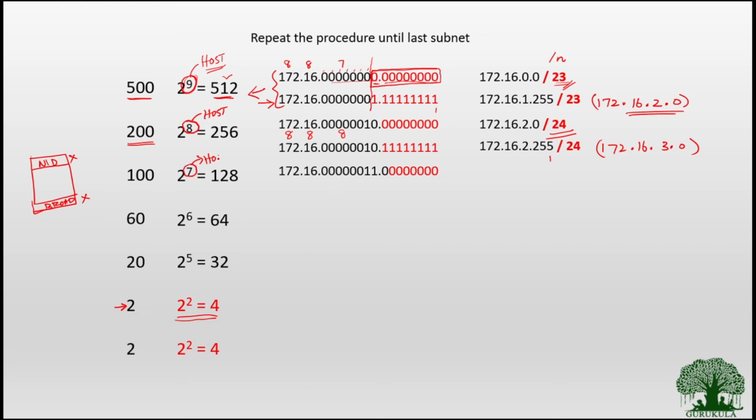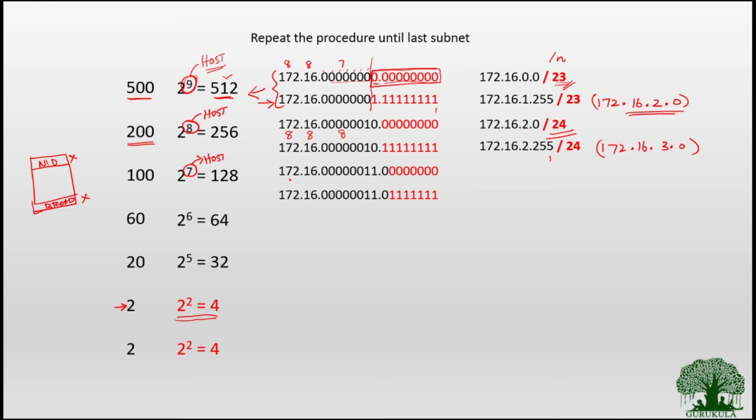And then how many bits do I require now? I need only 7 bits to represent the host. So 7 bits are highlighted in red. Red color represents the host part and black color represents the network part. So I will have to find out the last address, and this is what my last address is. And obviously, what will be the /n representation?